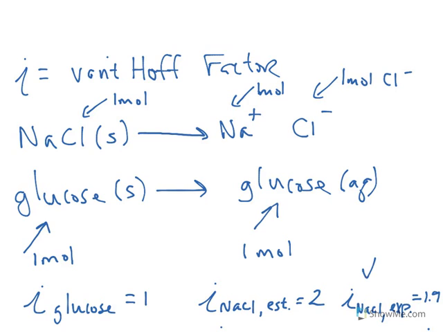But don't fear, table 11.3 has all the Van't Hoff factors for ionic compounds that we'll be using, and in a test or quiz situation, I would provide you with the experimental Van't Hoff factors. I don't expect you to memorize all those values. Okay, enough with that.